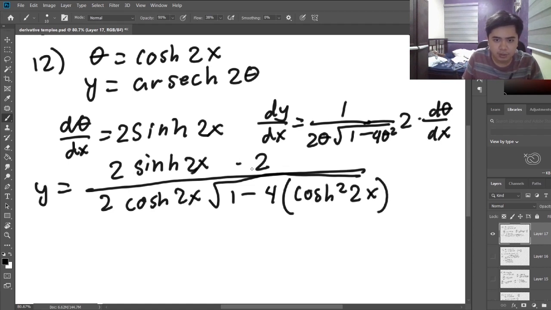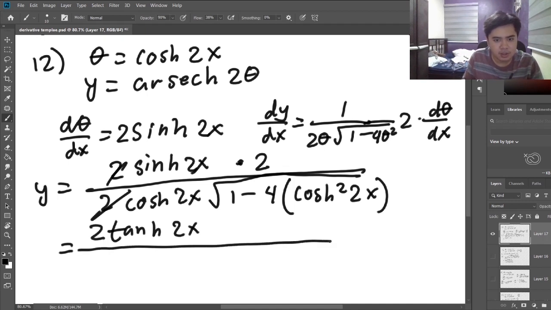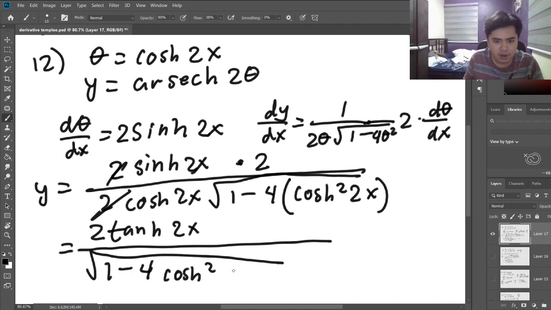Then multiply by 2 here, so don't forget about that. So 2 with 2 cancel. Sinh and cosh became tanh 2x. And then there's a 2 here, so we put that here, over the square root of 1 minus 4 cosh squared 2x. And we got the same answer. So that means we can be confident that this is the correct answer since we answered it using two different methods.